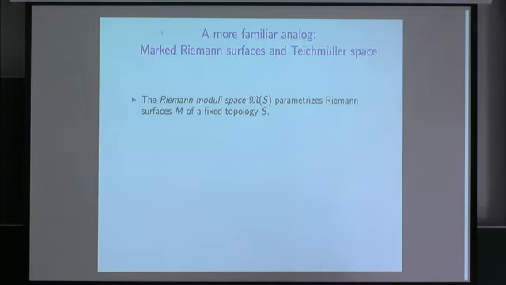So a more familiar analog, and historically earlier, even though in some sense it seems much harder, is the Riemann moduli space, which parametrizes Riemann surfaces of a fixed topology. Now it is known that the Riemann moduli space is a quasi-projective variety over the complex numbers. It has singularities which correspond to Riemann surfaces with non-trivial automorphisms.